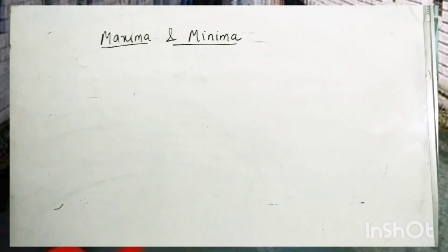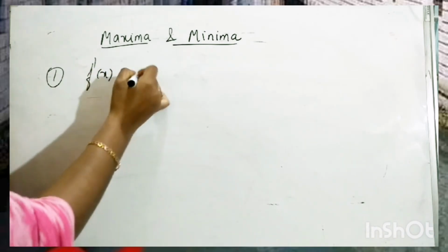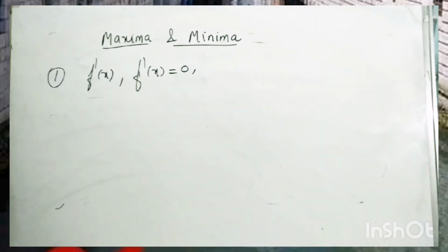The first step is to find the critical points of f. That means we take f dash of x and equate it to 0. Then you will get some values for x. Those values are called critical points.